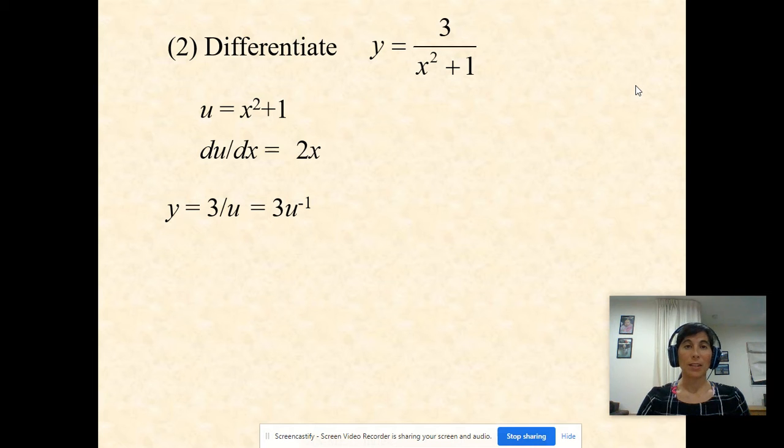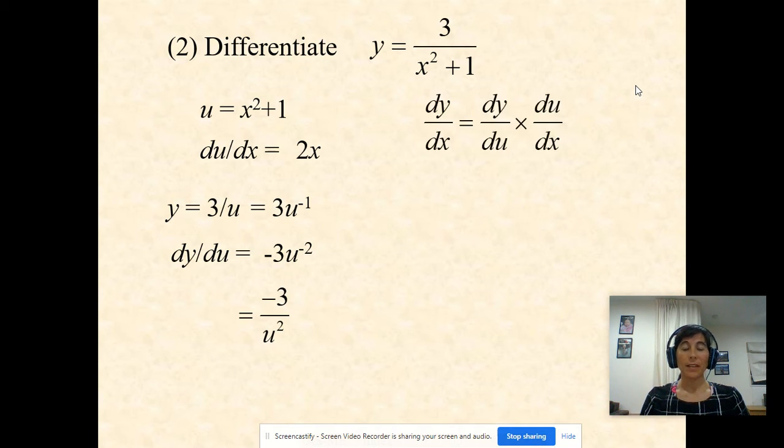which is the same as 3u to the power of negative 1. Then if we differentiate that, multiplying down negative 1 times 3, we've got negative 3u to the power of negative 2. We can rewrite that as negative 3 over u squared. Then we can use the chain rule and substitute in those pieces that we just worked out. So that means we're going to end up getting dy over dx is negative 3 over u squared times 2x.